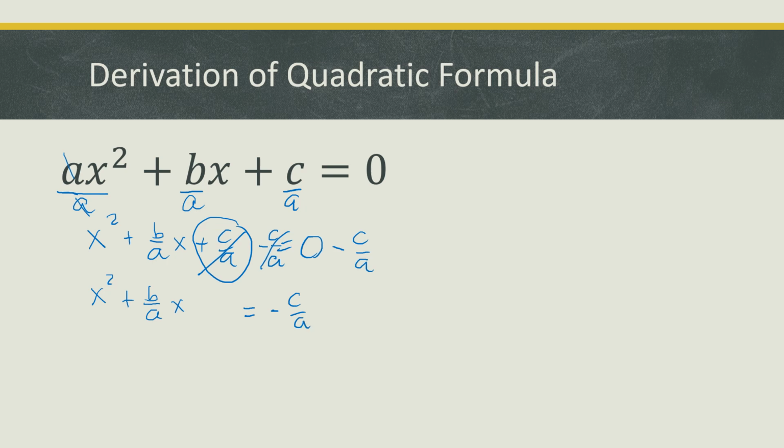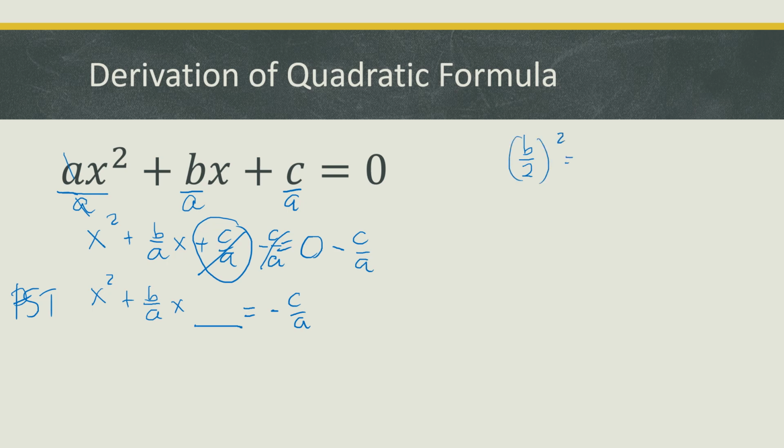If you can still remember the completing the square method, the reason why we need to eliminate the third term is for us to get ready to have our perfect square trinomial. So for us to have a perfect square trinomial, we need to add the third term by using the formula b over 2 squared.